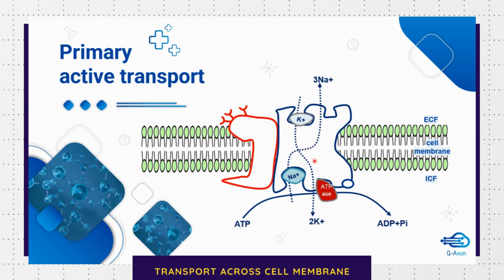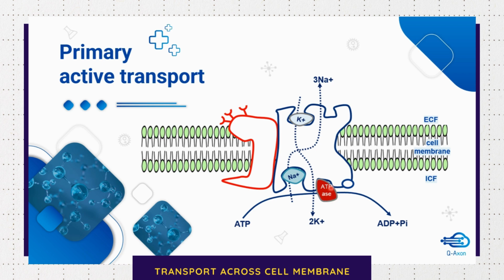gradient. Fine. So in this example, there are three binding sites for sodium on the inside and two binding sites for potassium on the outside of the protein. When two potassium ions bind on the outside and three sodium ions bind on the inside of the protein, this protein uses an ATPase which is also part of the protein.